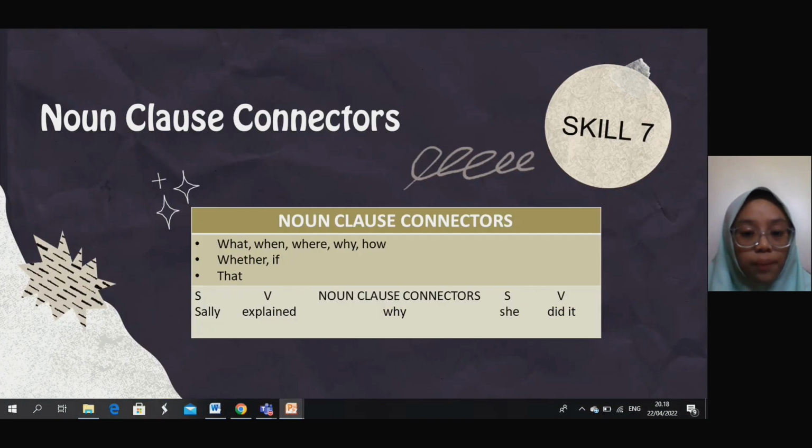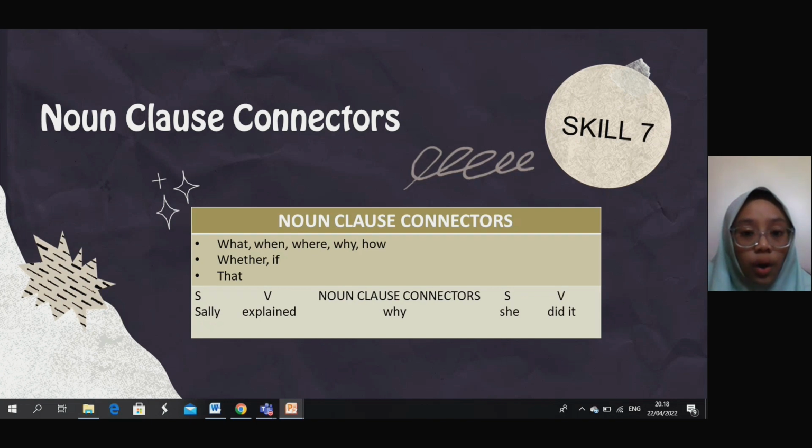This slide shows skill 7, noun clause connector. Skill 7 is a noun clause connector, which is one type of connector, and you must memorize the types of connector: coordinate connector, adverb clause connector, and noun clause connector.